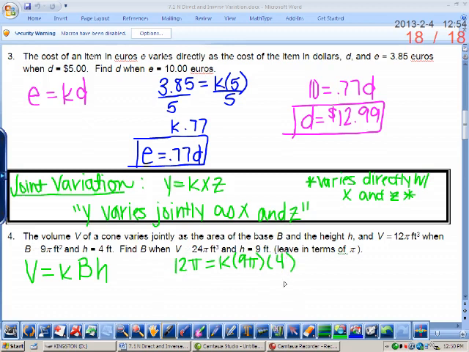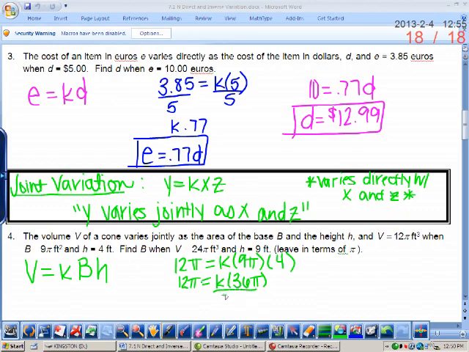All right, well, what's 9 pi times 4? 36 pi. So we have 12 pi equals K times 36 pi. So what should I do?